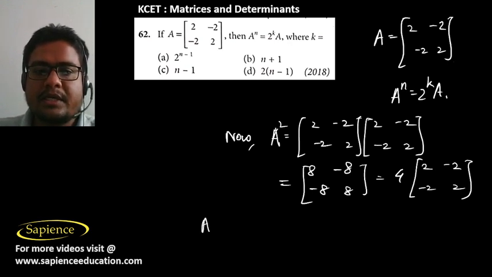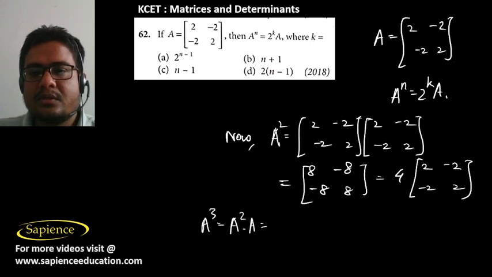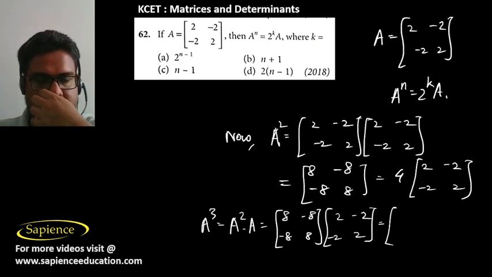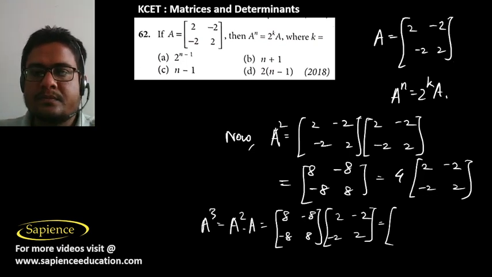Now similarly A cube will be equal to A square into A again. This will be 8 minus 8, minus 8 8 into again 2 minus 2, minus 2 2.